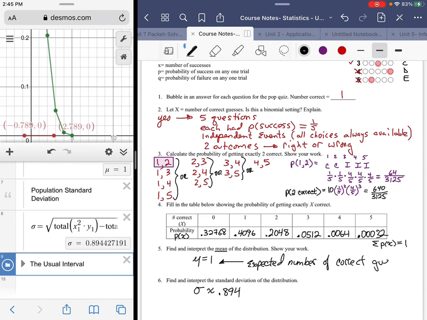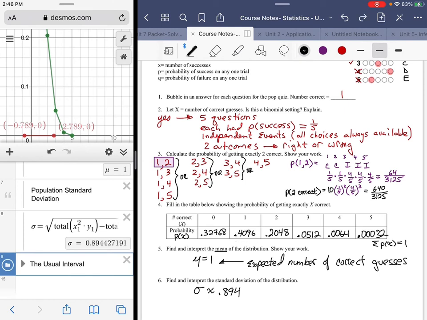I'll say correct guesses on the pop quiz. All right, so that's what you should expect. If you go into a 5-question multiple choice assessment with 5 choices each and guess on every single one of them, you shouldn't expect to get any more than one of them right.